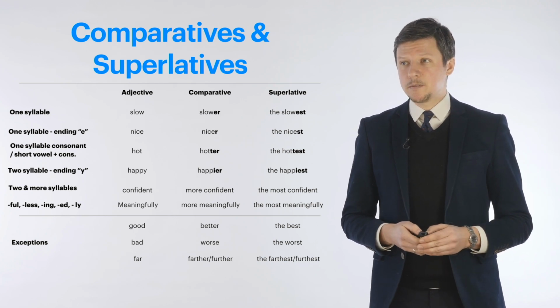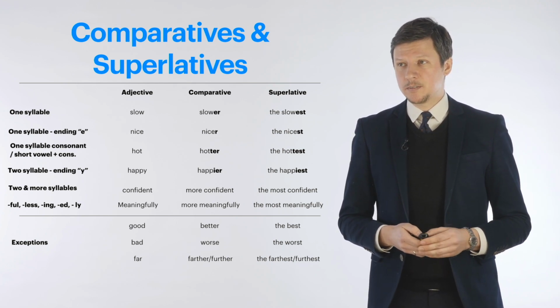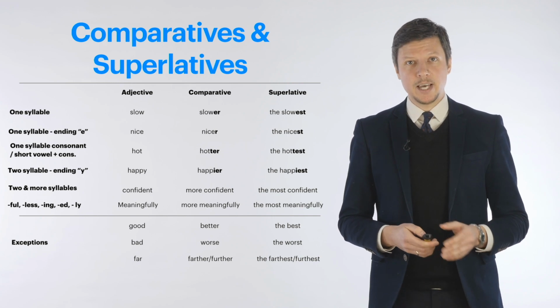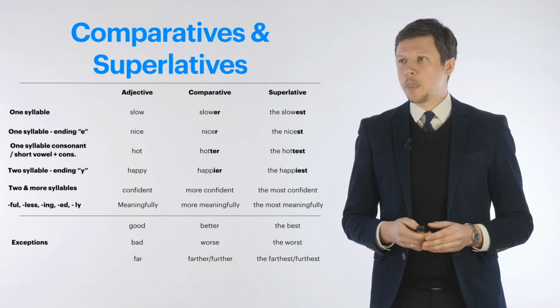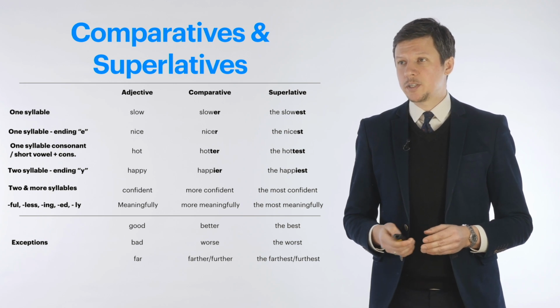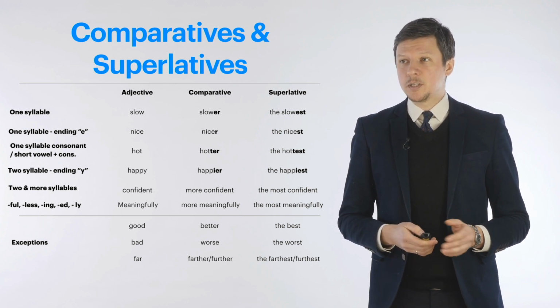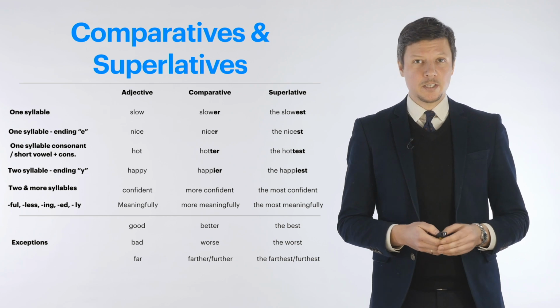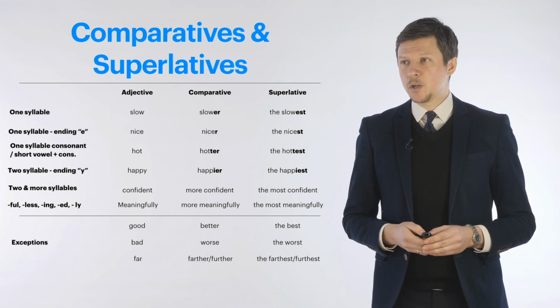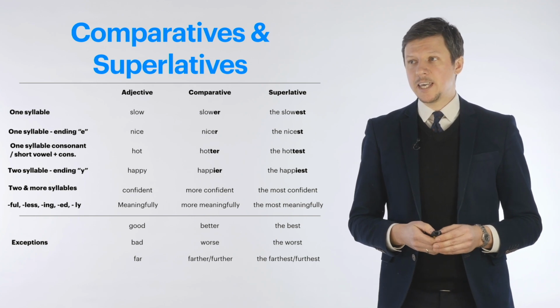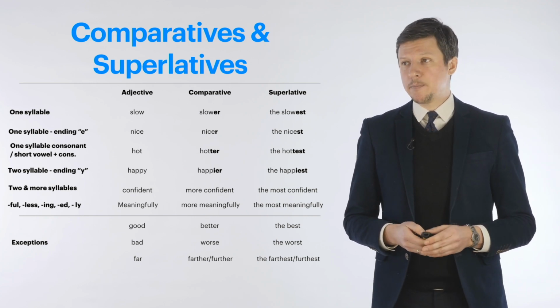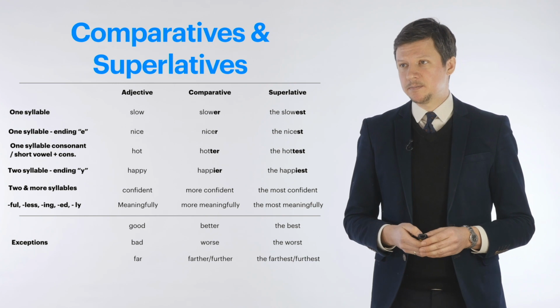With one-syllable adjectives that end with a consonant or a short vowel and a consonant, we double the last letter. Hot, hotter, the hottest. With two-syllable adjectives ending with Y, we add IER or IEST, happy, happier, the happiest.